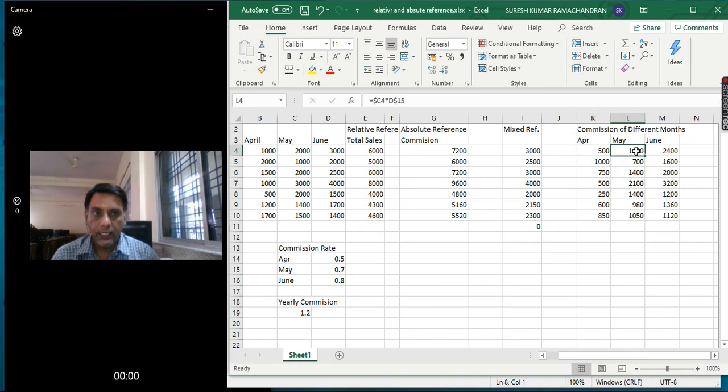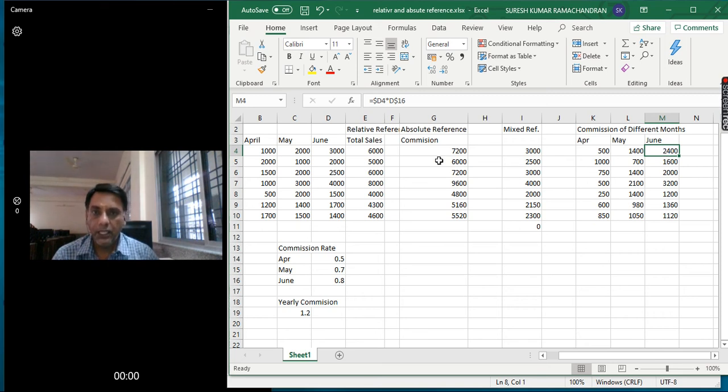You can see D15 is fixed, and in June you can see D16 is fixed. That's the way a reference takes place. So these are the differences between relative reference, absolute reference and mixed reference.